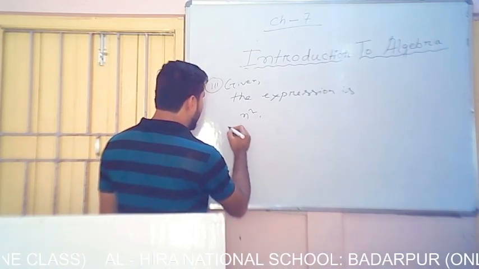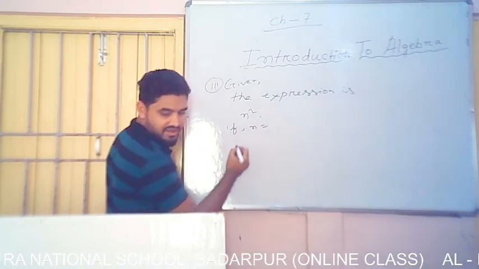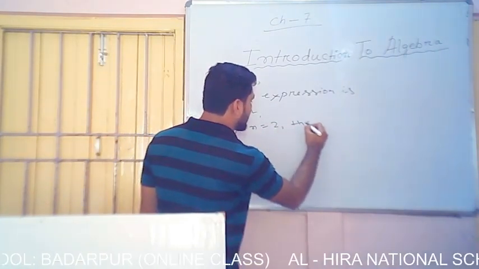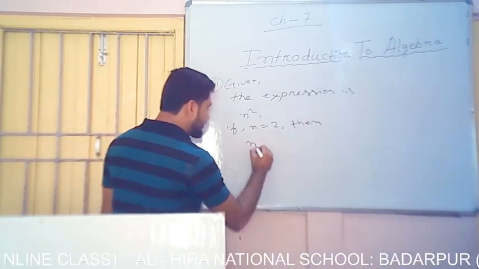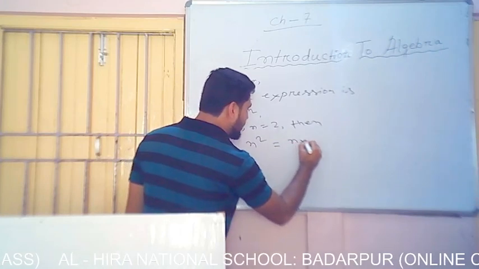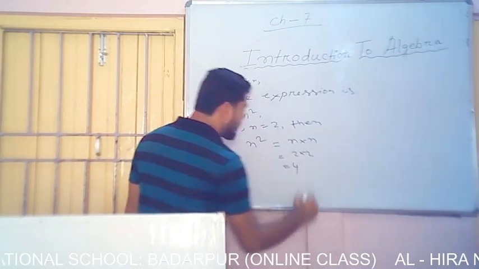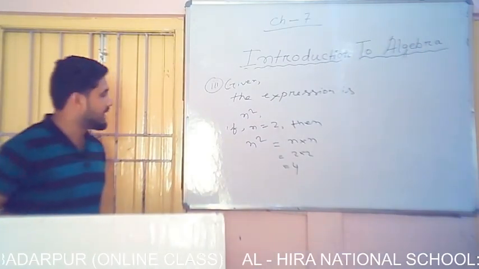So first time, if n equals 2, then n square equals n into n. That means 2 into 2 equals 4.